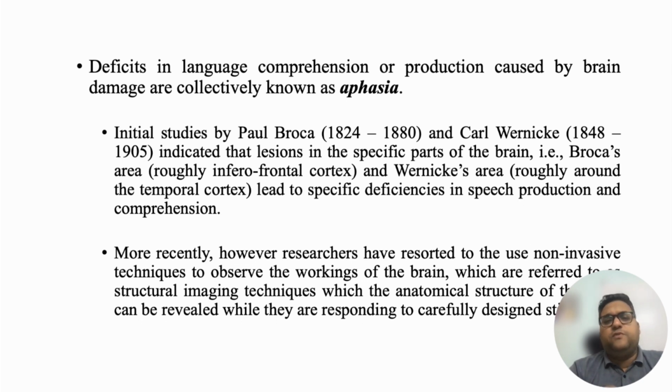However, researchers have resorted to non-invasive imaging techniques to observe the workings of the brain, which are referred to as structural imaging techniques, during which the anatomical structure of the brain can be revealed while participants respond to carefully designed stimuli. Let's look at some of these methods briefly.